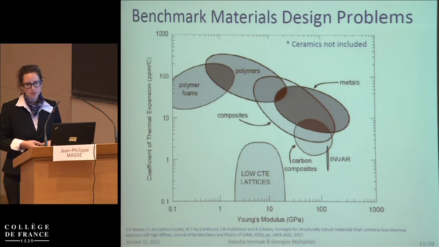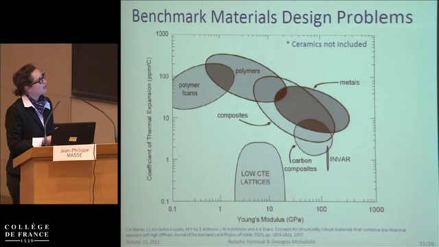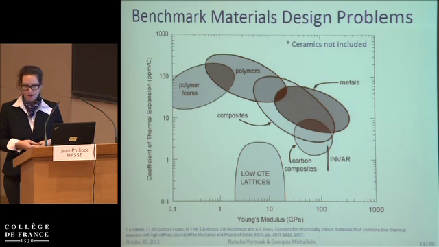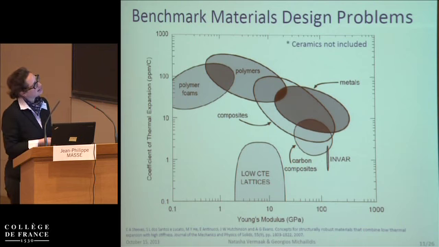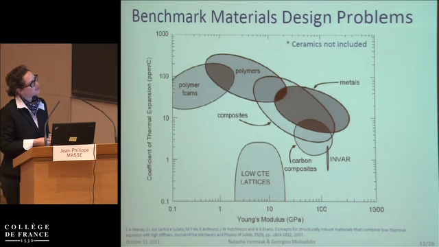This is useful in aerospace problems, where you would want to have low CTE materials and stiff materials at the same time. So excluding ceramics for now because of my bias and my colleague's bias, we have a population of materials in this space. And our goal then is where you see this insert of low CTE lattices.